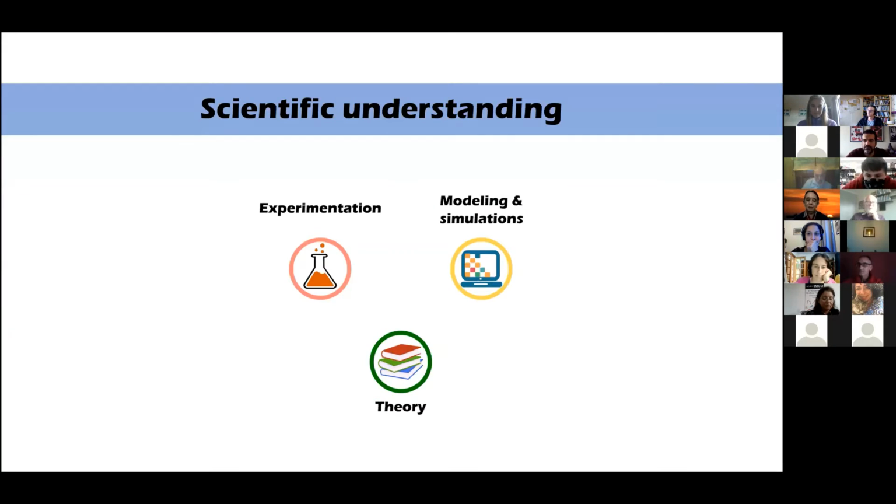So I will first briefly introduce how theory, experimentation, and modeling simulations are integrated to produce scientific understanding.